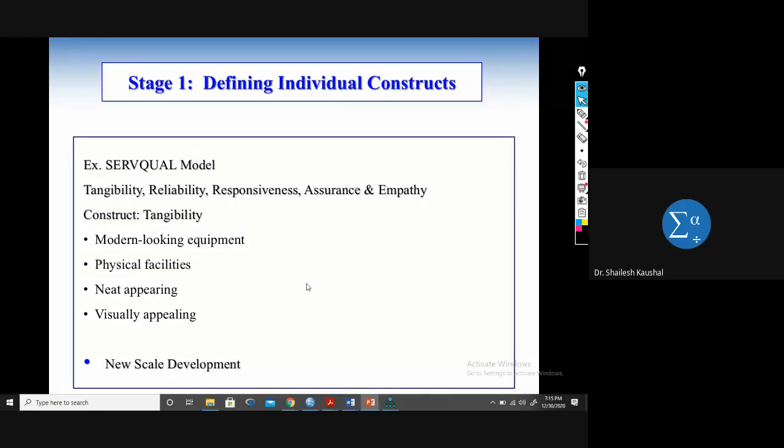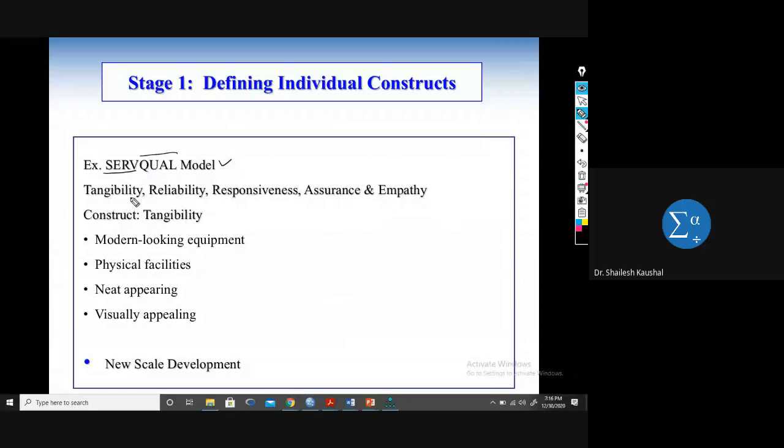Defining an individual construct means, for example, I am using the SERVQUAL measurement scale, where SERVQUAL means service quality, given by Parasuraman.